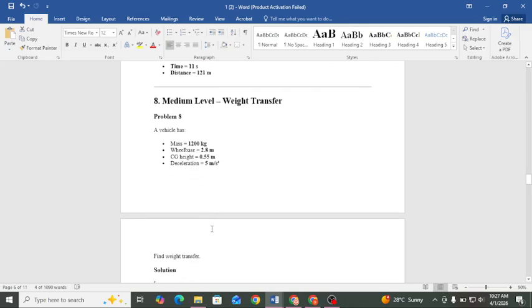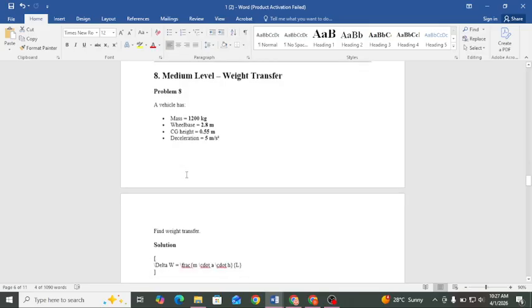The given is the vehicle mass to calculate. So the equations for the weight transfer are here with the help of problem number 8. A vehicle has different specifications. The mass is 1200 kg. The wheelbase is 2.8 meter. The CG height is 0.55 meter.